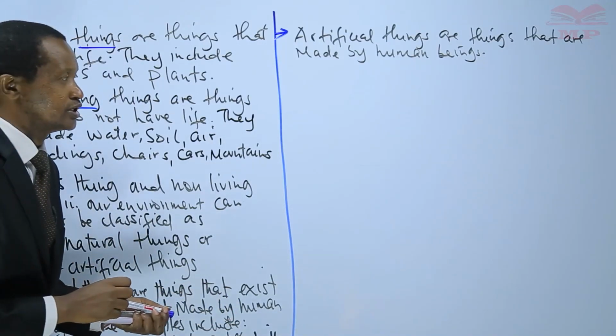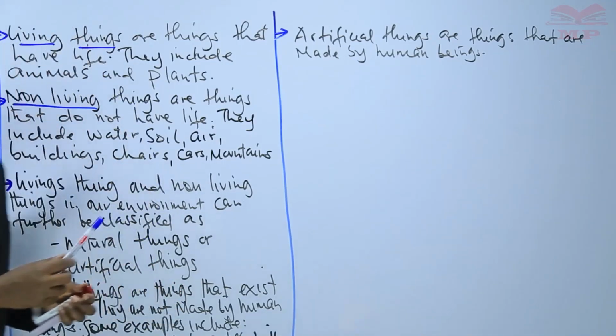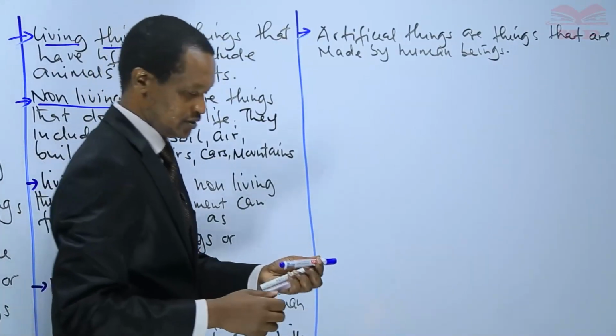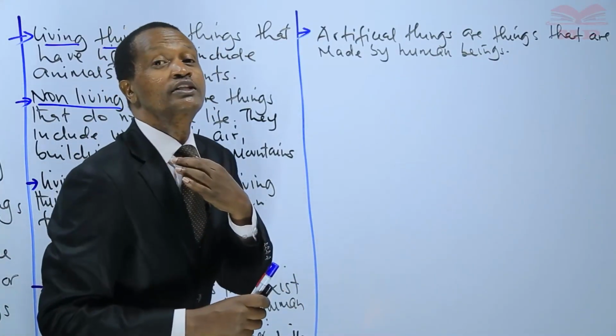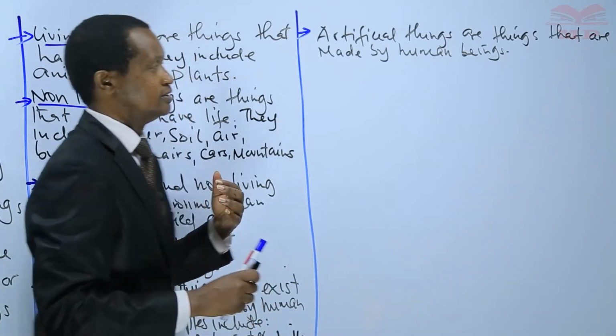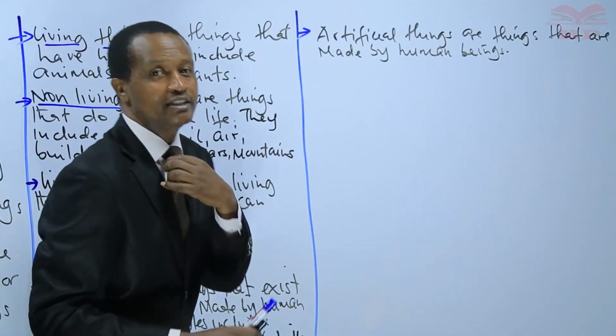And some examples include this marker pen, this board, this tie. Learners, this tie is man-made. It did not just exist. It was made by man.